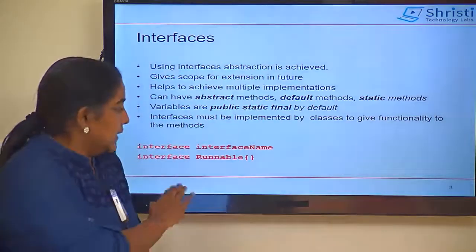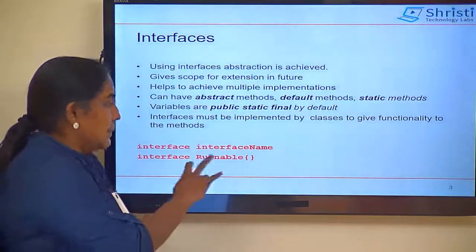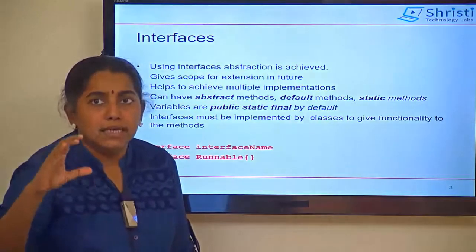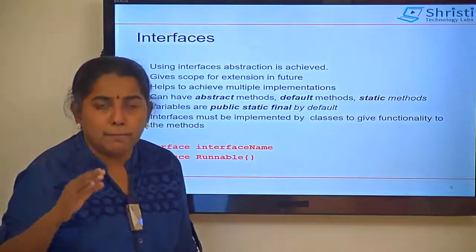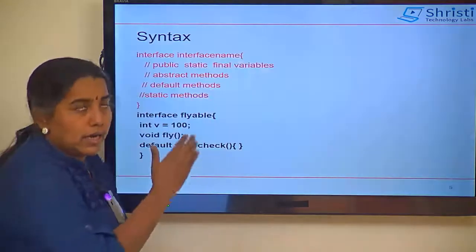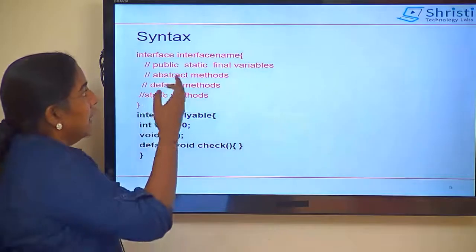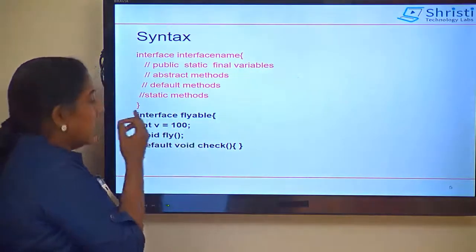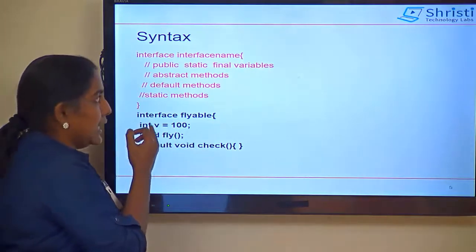Okay, this is the syntax. Interface, interface name, within which you can write the abstract methods. The methods are by default public and abstract. So you don't have to use the abstract keyword. So I have shown the complete syntax. Public static final variables, int v equal to 100. Neither I have used public nor static nor final.